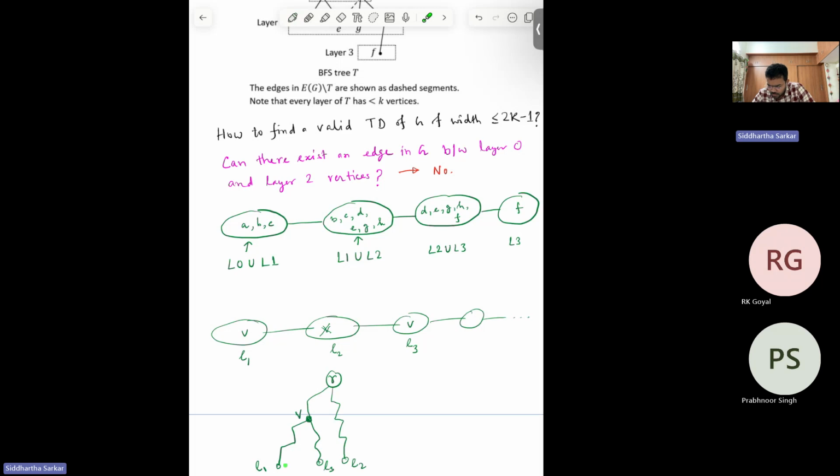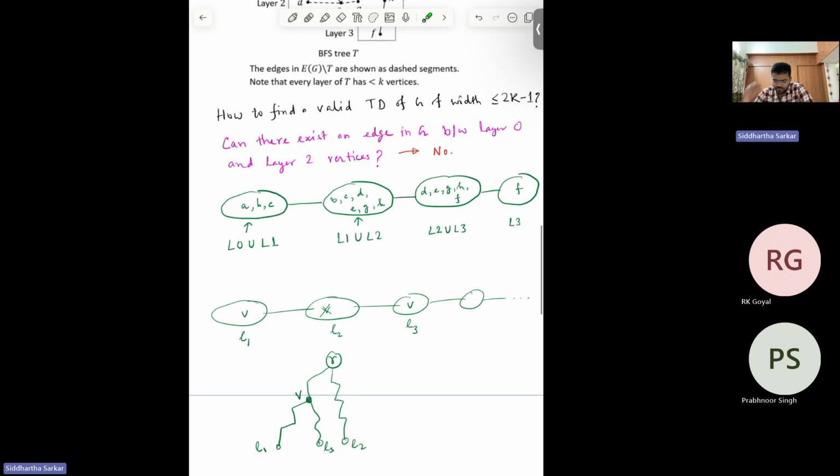Therefore, in both the bags for L1 and L3, V exists. But in the path from R to L2, V does not exist. That is fine, isn't it? Yes, it's okay. So there should be connectivity between L1 and L3.